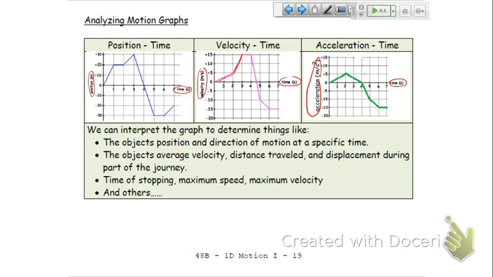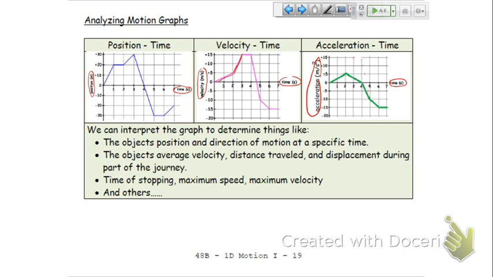That means travel at constant speed. I coast for a second at 15 meters per second. And then I don't turn around. I'm still going in a positive direction because my speed is still positive, but I reduce. I have a negative acceleration. Positive velocity, negative acceleration means I'm slowing down.